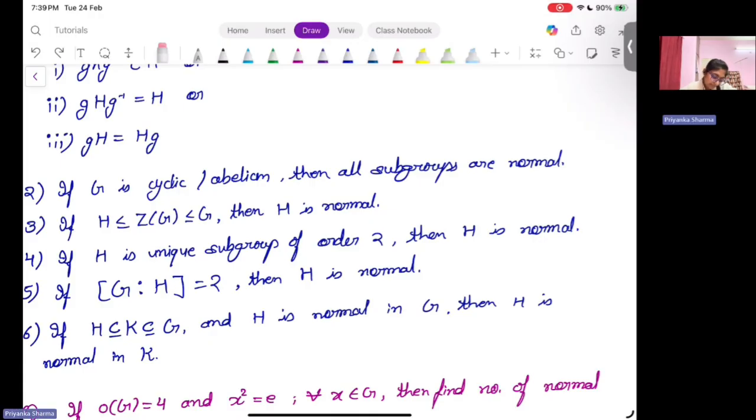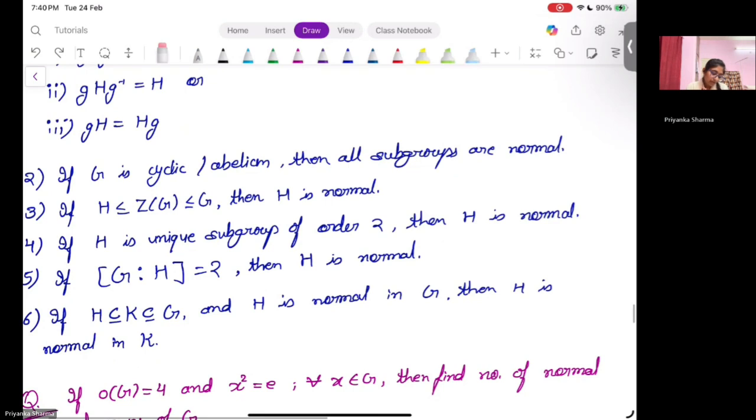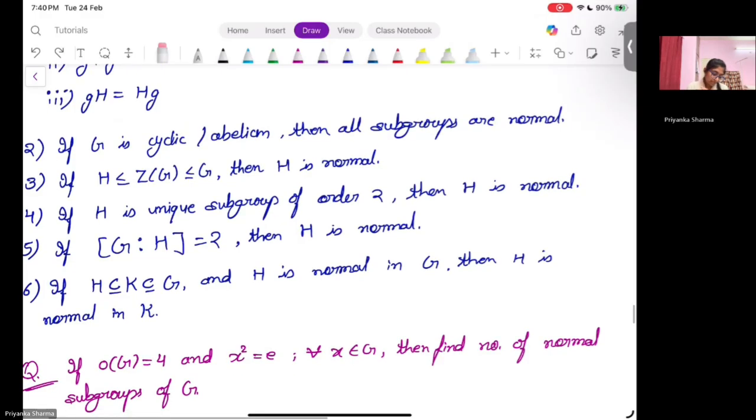Third one is if the subgroup is a part of the center of the group. Or we can say if H is a subgroup of the center of a group, then the subgroup will be normal. Fourth, if H is a unique subgroup of order 2, then it will be normal. Next, if the index of H in G is 2, then H is normal.